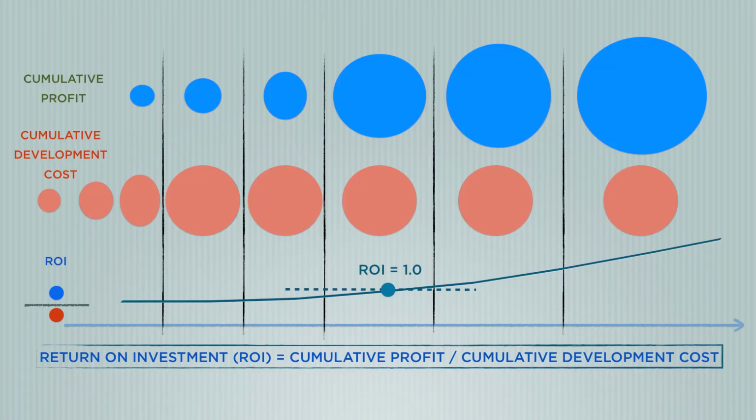And so that measure is a pretty good indication of what the business case will look like for your product. And so again, here I give the formula. Return on investment is cumulative profit divided by cumulative development cost. And as you see even by looking at this chart, at the beginning, the red, the denominator, is bigger and bigger. And so this ROI is going to be less than 1.